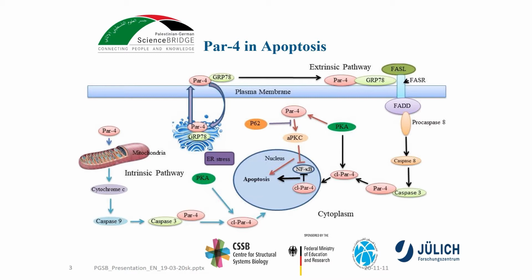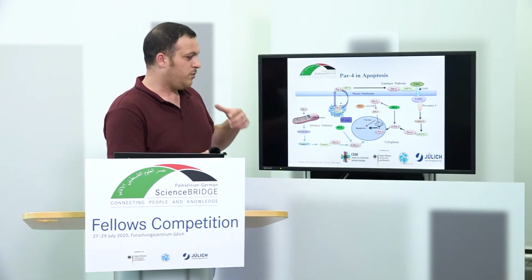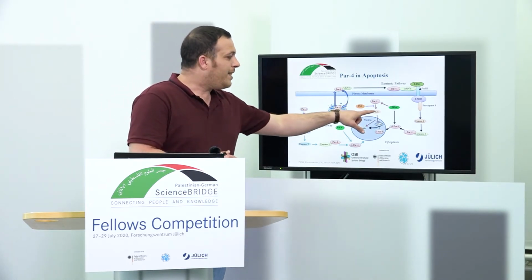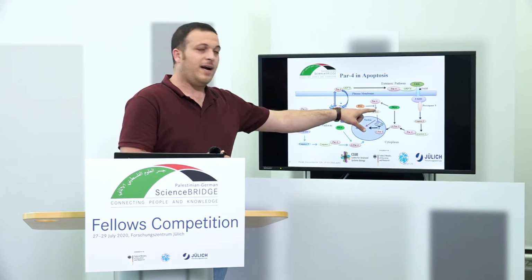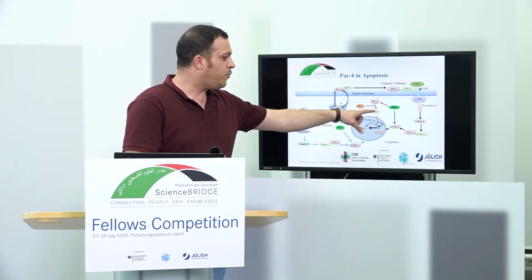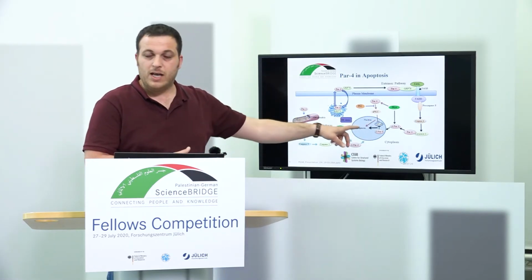However, Par-4 is also located inside the cell in the cytoplasm. So Par-4 can induce apoptosis, but in this case, it will not be translocated to the nucleus, but it will inhibit atypical protein kinase C. This enzyme normally, without Par-4, will activate nuclear factor kappa B, and nuclear factor kappa B will promote cell survival.